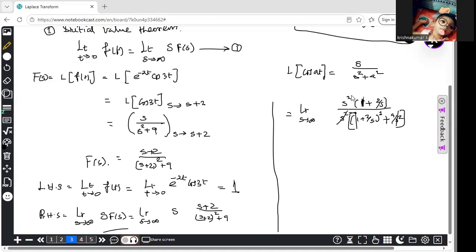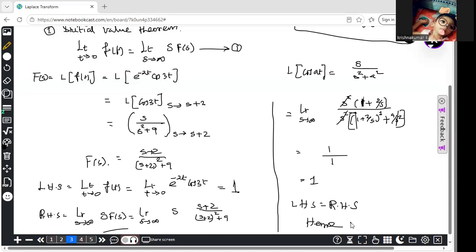Now this s square will get cancelled. Approaching the limit, anything divided by infinity is 0, so the numerator is 1, and the denominator is 1 plus 0, so the value is 1. So the left hand side is equal to the right hand side, hence the theorem is verified.